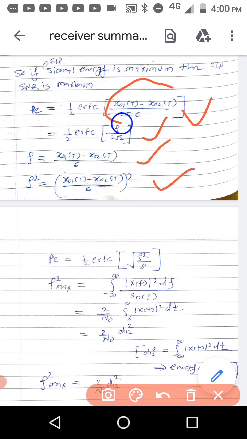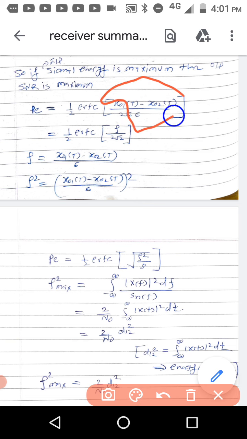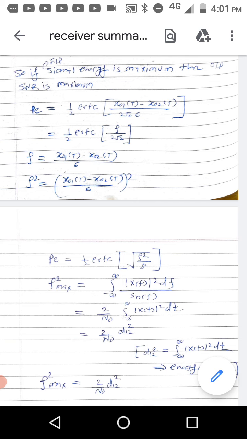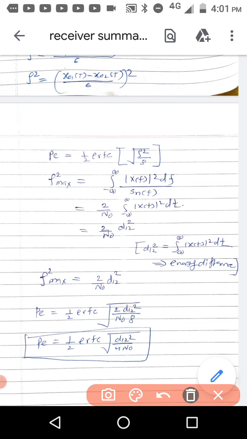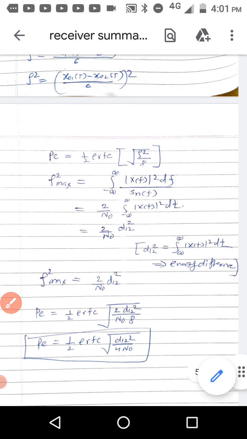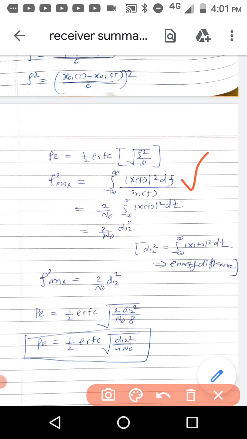So for this we are writing square root of rho square by 8, because this one is rho. Then square root of rho square divided by 8 is rho divided by 2 root 2. So rho square, we have already seen that rho square is maximum signal to noise ratio. It has the formula this one. Then S_N(f) is N0 by 2, so 2 by N0.